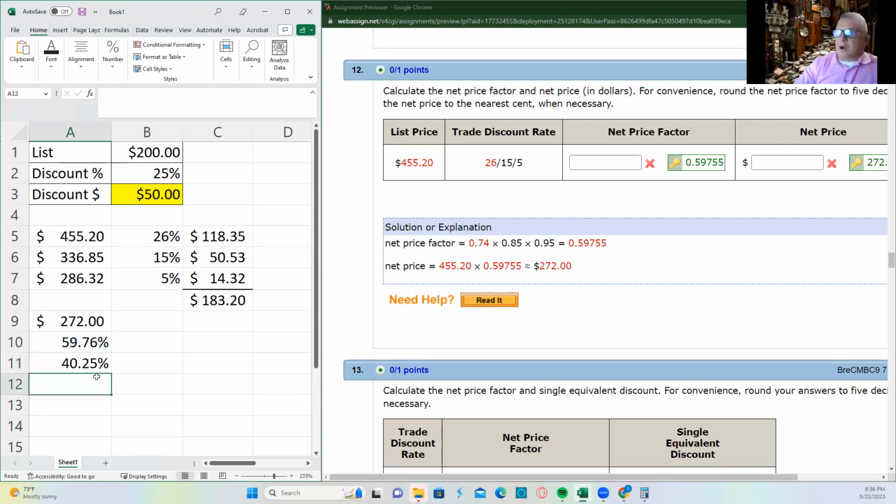It's going to be, the discount rate is 40.25% after I finally get to it, which is what we figured earlier, right? So net price factor, our net discount rate, and if you add these two things together, they should equal 100%.